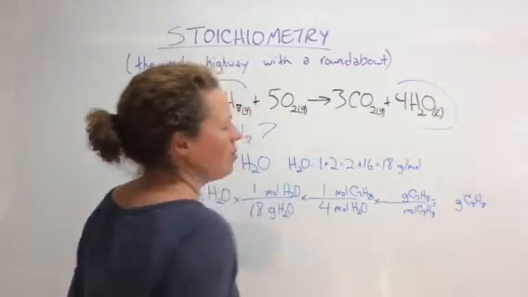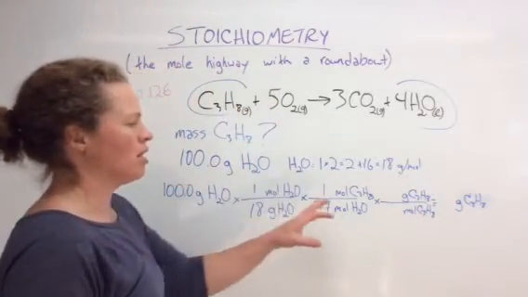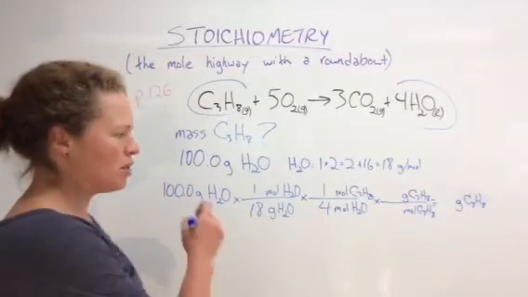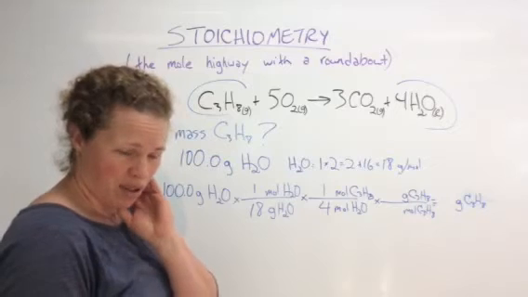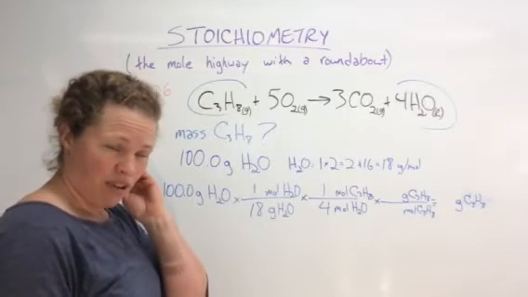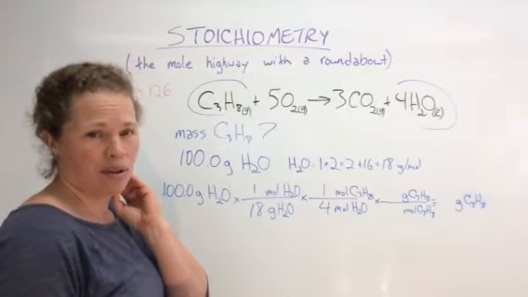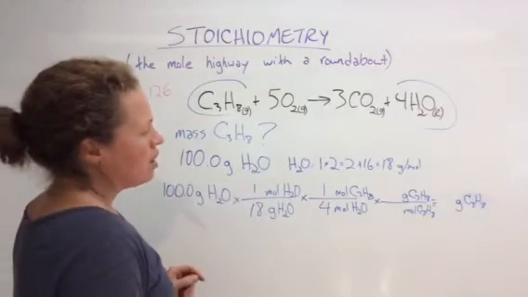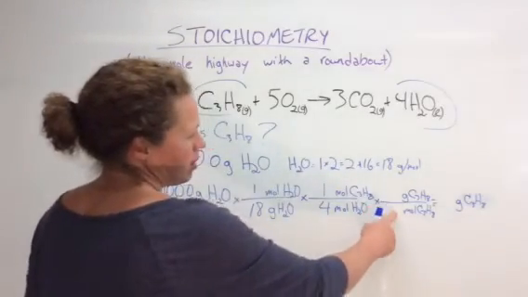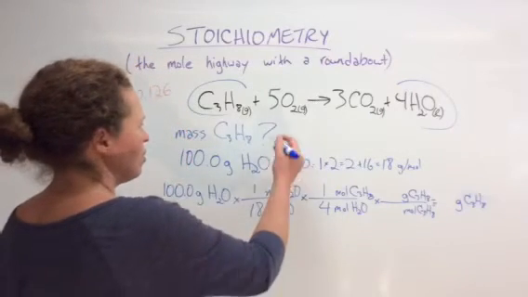Now you probably think it's weird that I keep putting the units on here, and lots of people will just run the numbers. You might find that if you run the numbers without the units, you might get lost along the way. So we want to keep our road signs up on the mole highway. Now, grams per mole of C3H8 is going to be the same thing.